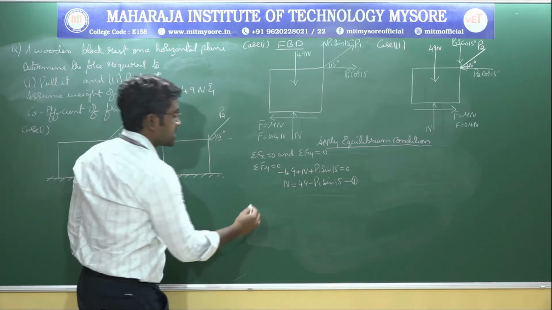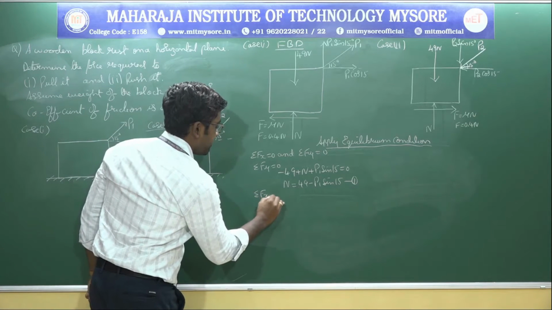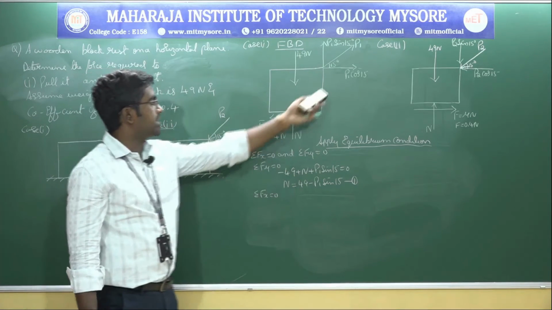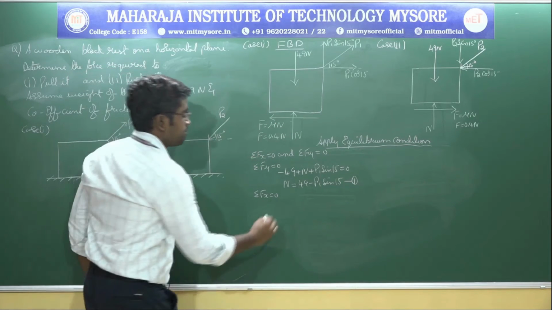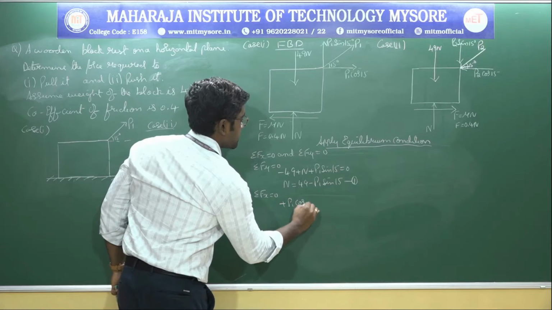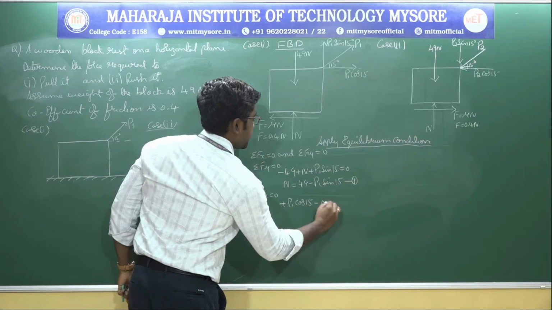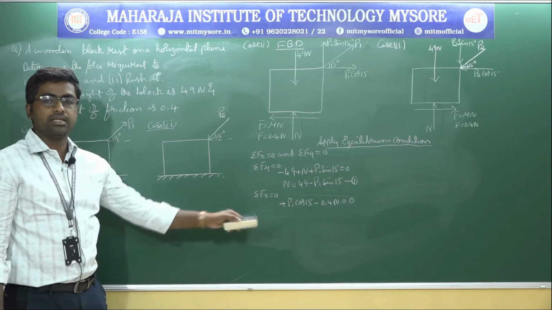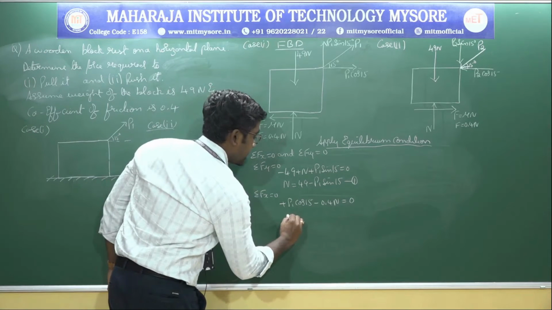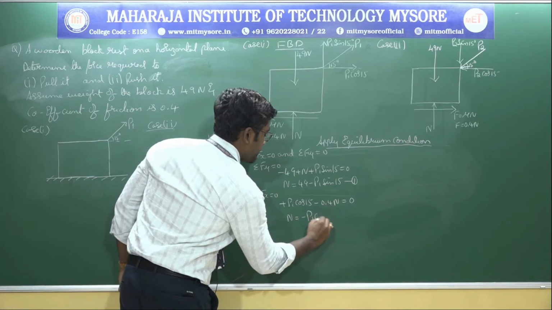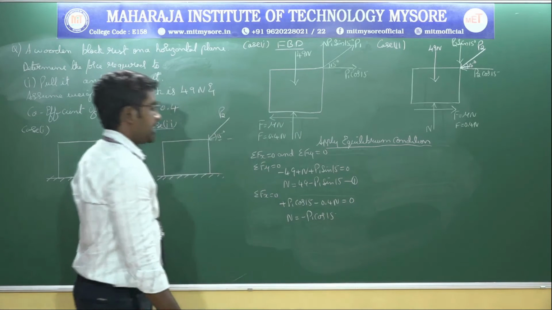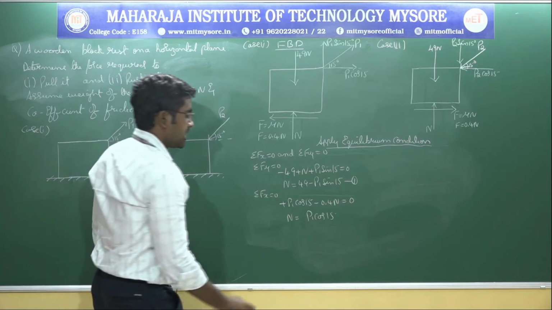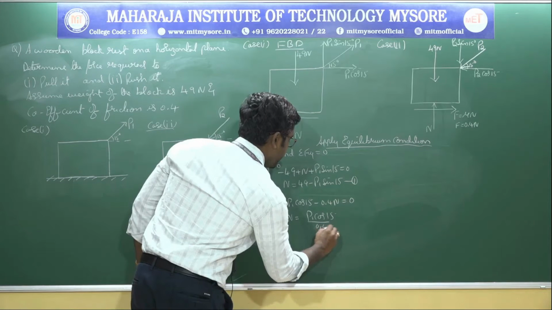Now let me apply the second one, that is summation of Fx is equal to 0. In this there are two horizontal forces. This will be plus and this will be minus. That is plus P1 cos 15 and this is minus 0.4 times N is equal to 0. Let me rearrange this equation in such a way that I can get N. N is equal to minus P1 cos 15. Sorry, this will be plus. So N is equal to P1 cos 15 divided by 0.4.